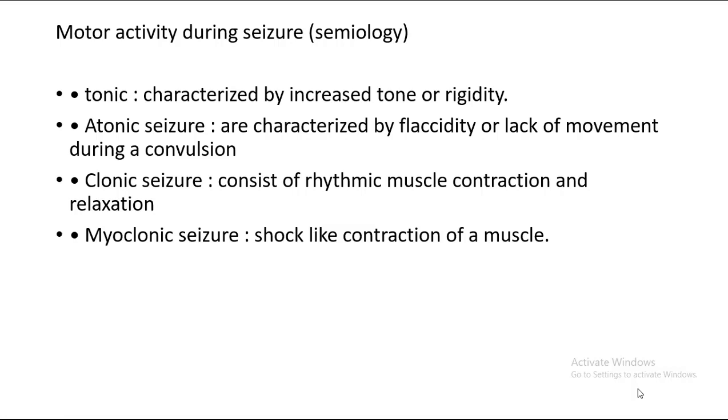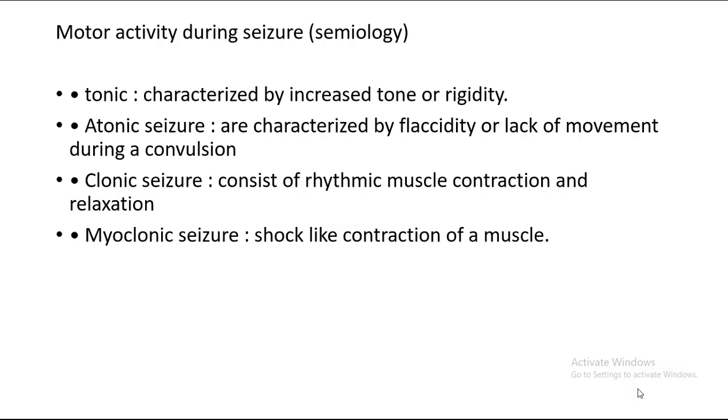This is called tonic. Atonic seizures are characterized by flaccidity or lack of movement during convulsion. There is sudden flaccidity or sudden lack of movement. So it causes dropping. راح يصير سقطة. قد يكون head dropping or body dropping.